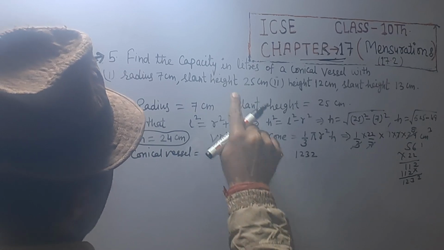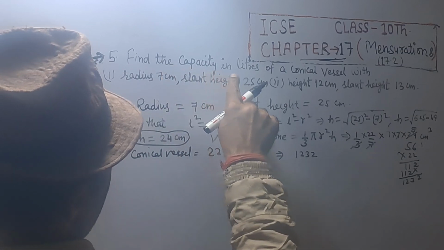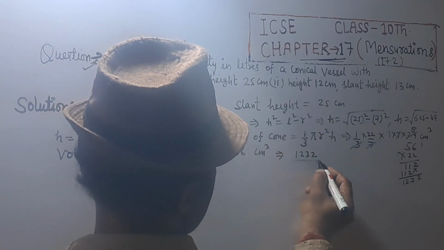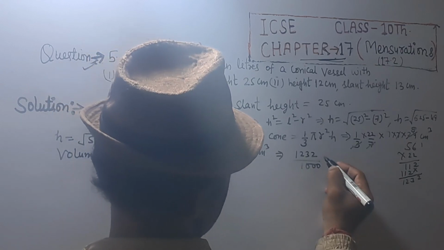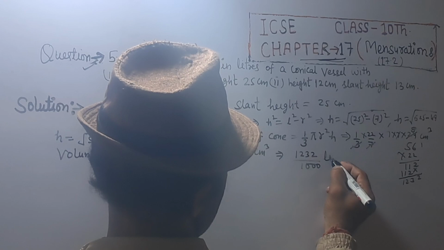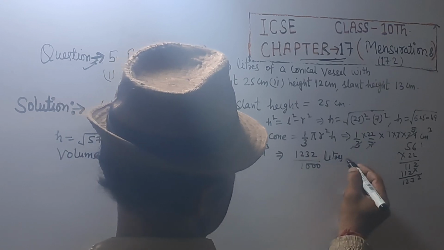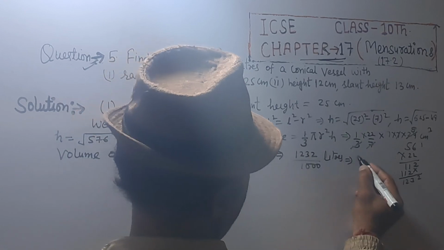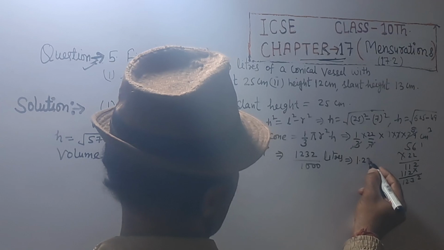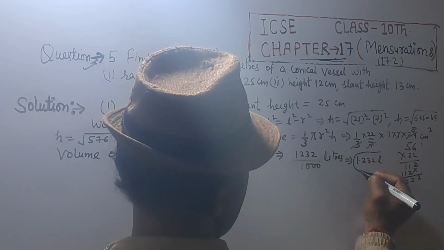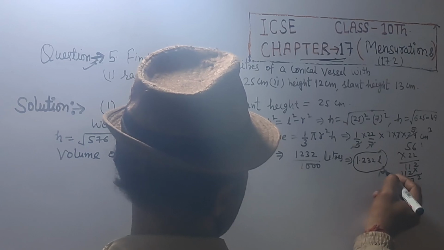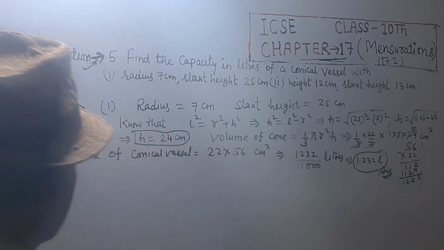And we find the capacity in liters, that is divided by 1000 liters, which implies 1.232 liter. Answer.